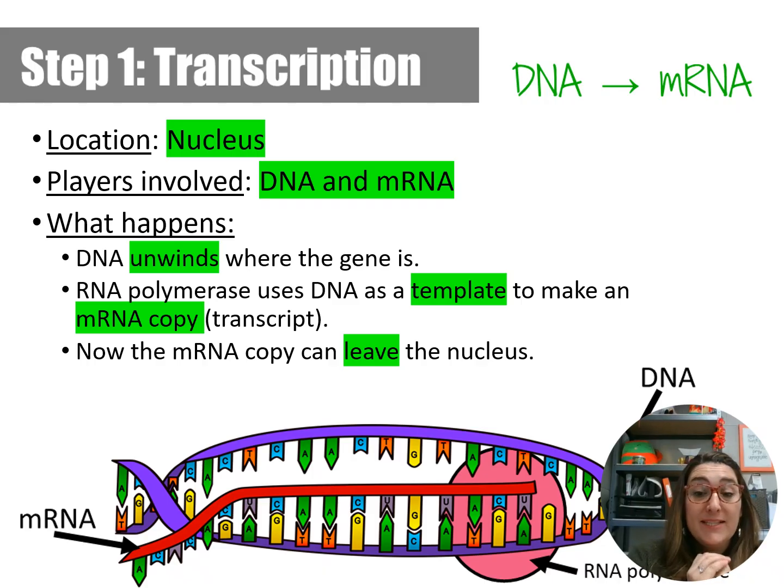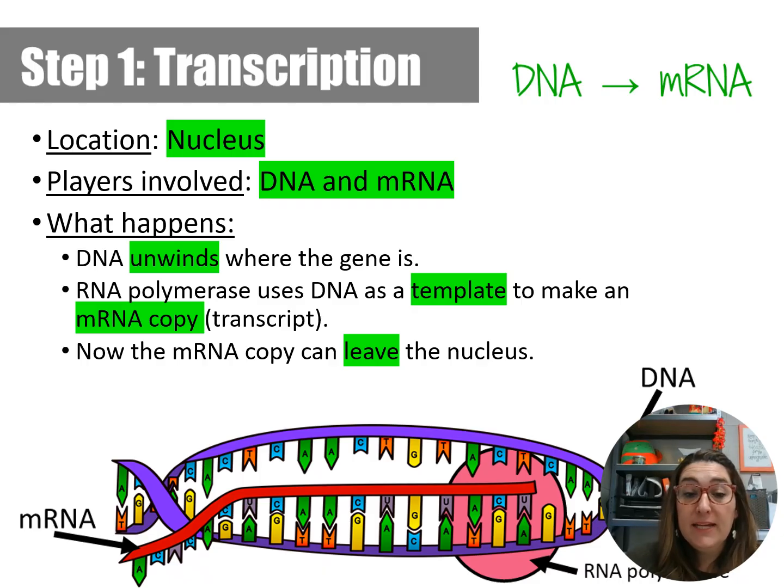So what happens exactly? DNA is going to unwind. So the DNA is going to untwist, and it's going to make this shape here. This is called a replication bubble. The RNA polymerase comes along, and it uses DNA as a template, and it makes a copy of it.